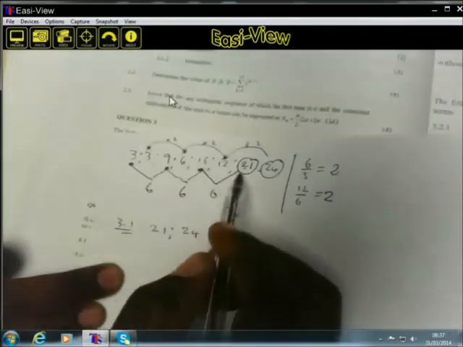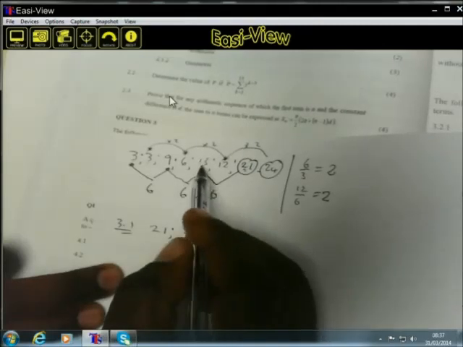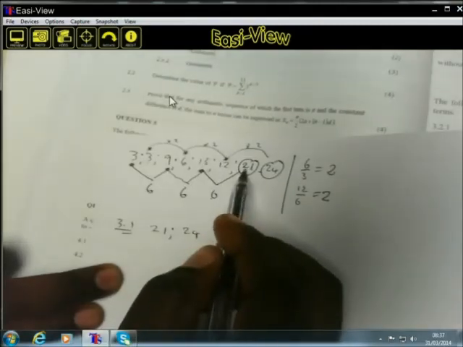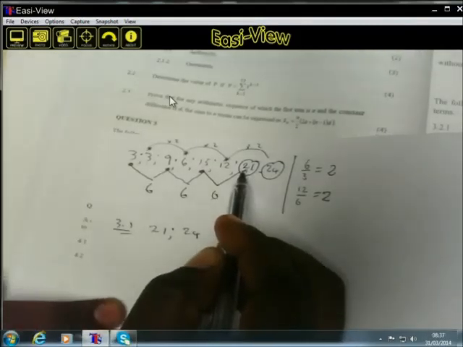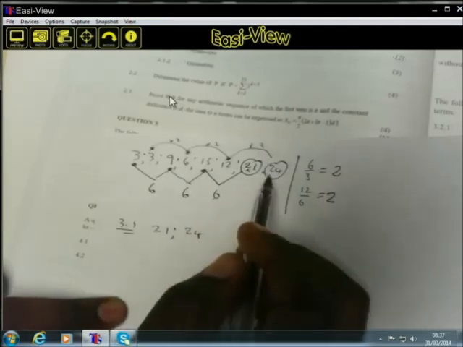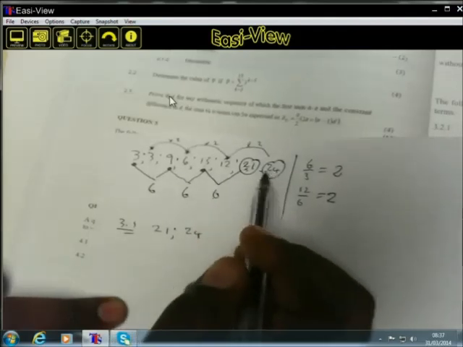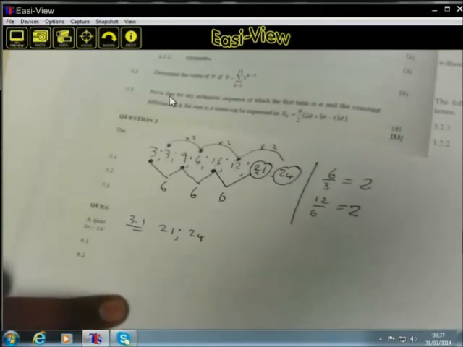That is how we got to this 21, because we added 6 to this 15 to get 21. And with geometric, because it has a constant ratio, we multiplied the previous term by 2 to get the succeeding term, which is equal to 24. And that is how we find the next 2 terms.